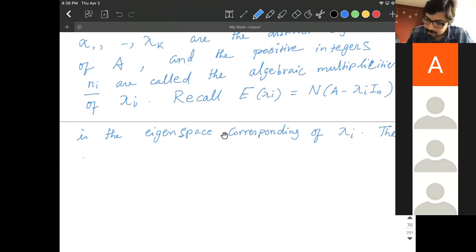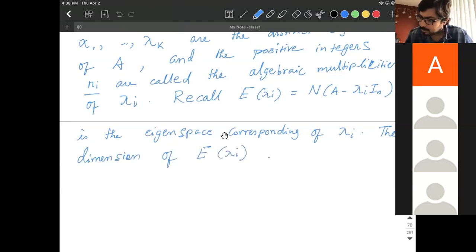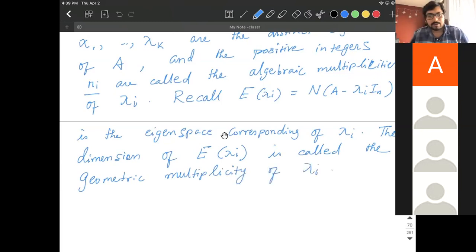The dimension of E of lambda i is called the geometric multiplicity of lambda i.